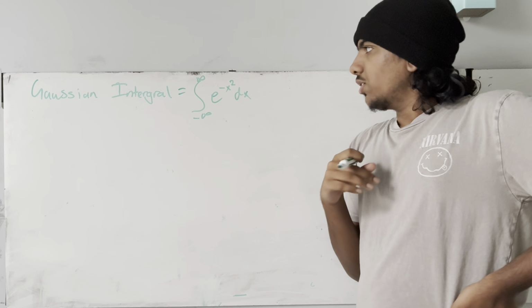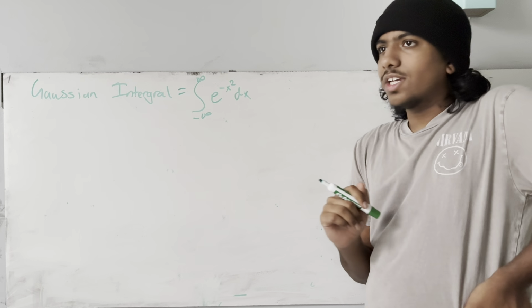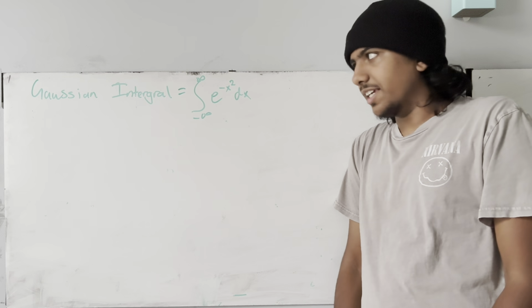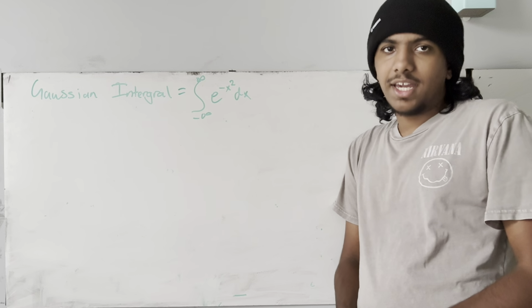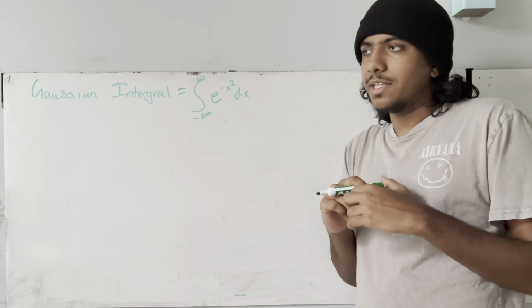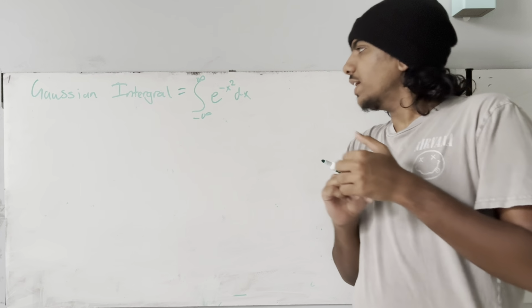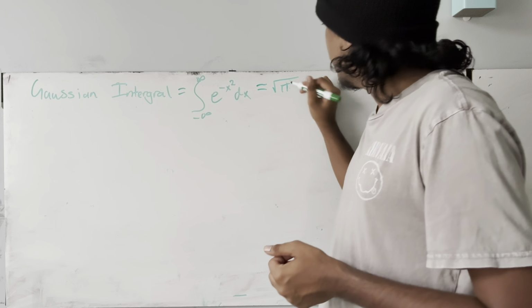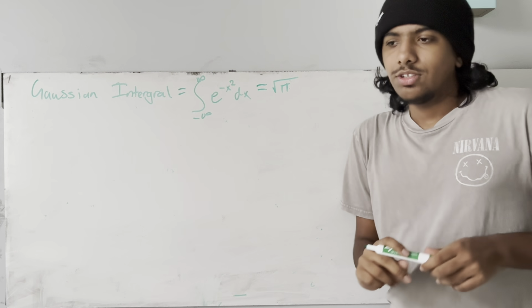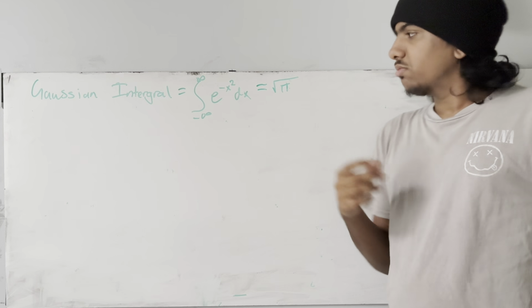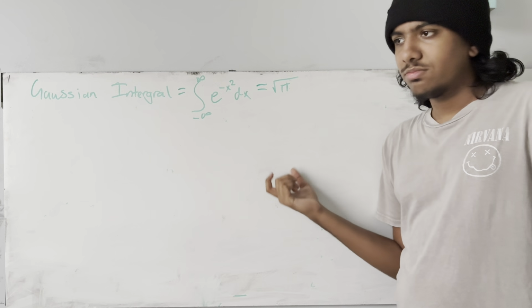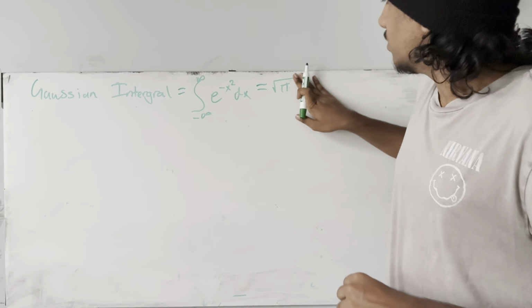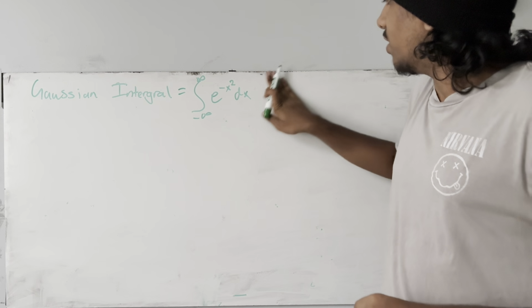But there is a way that you can use double integrals to solve this thing by hand, and it's a beautiful result. This is actually just equal to the square root of pi. That's it. So where does pi come from? How do you do this? Glad you asked. So let's start.